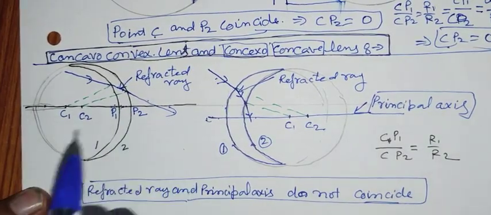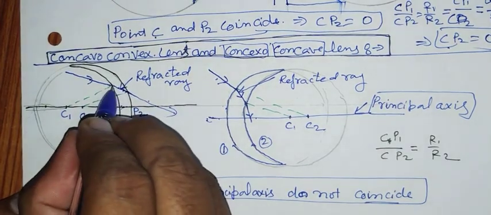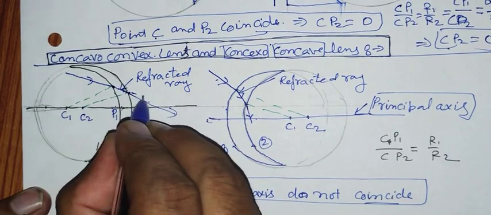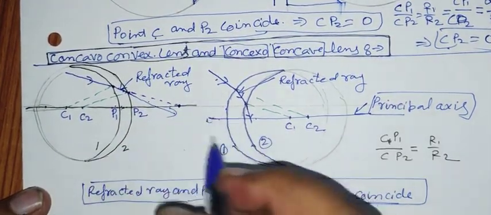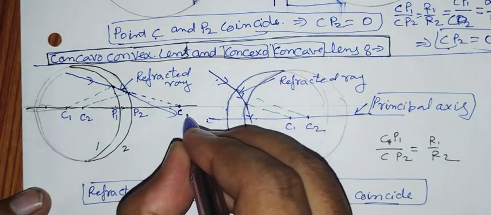Then where will be the exact position of the optical center? To see this, see the refracted ray. The refracted ray proceeds forward and seems to meet at this point, the optical center.